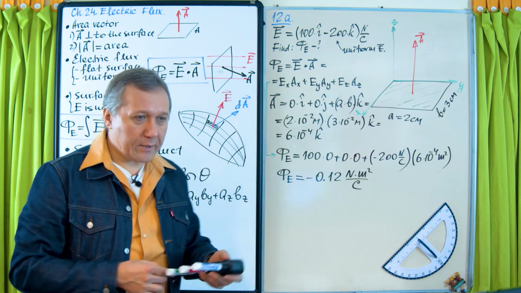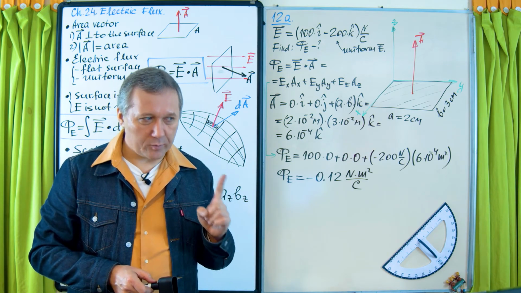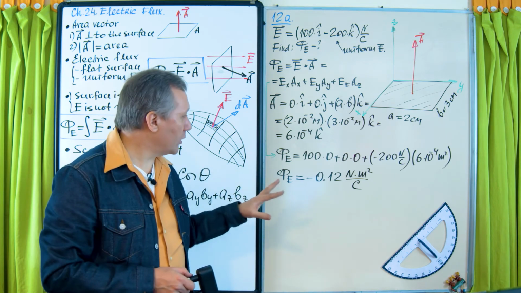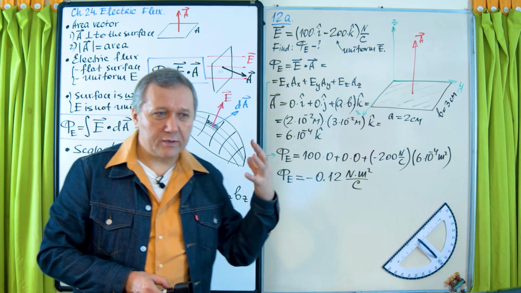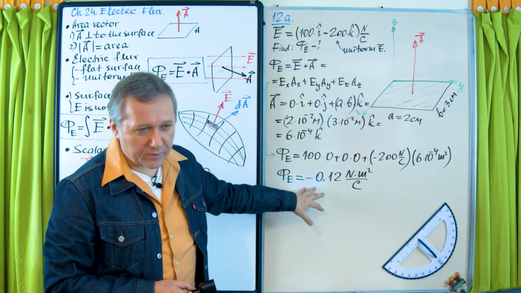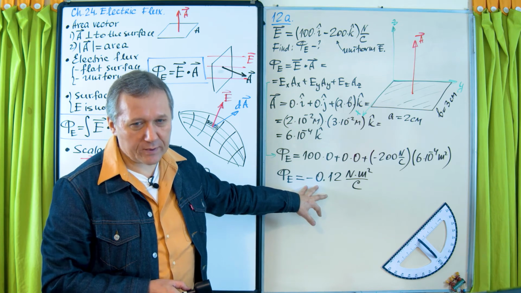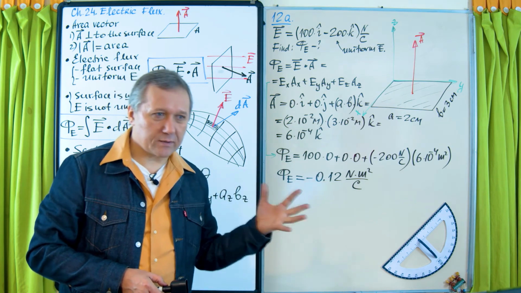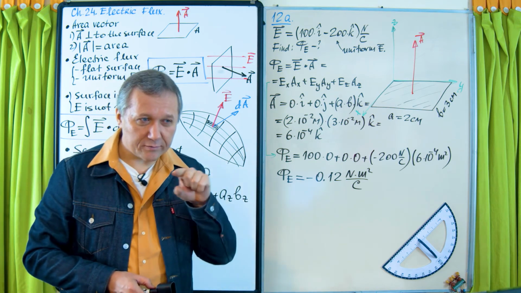But of course, in the homework problem, it will ask you, because every semester it creates some confusion. Read the problem carefully. It will ask you for the absolute value of the flux, or something like the magnitude of the flux. It basically means that they don't care about the plus or minus. Every semester students send me emails asking how come Mastering Physics doesn't accept the answer? Just read the problem carefully.